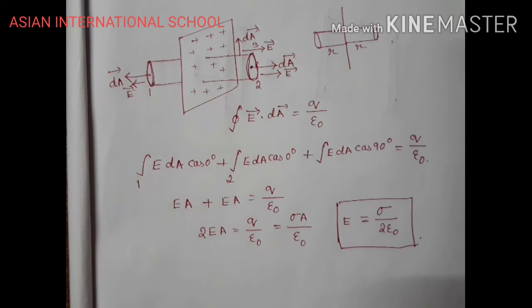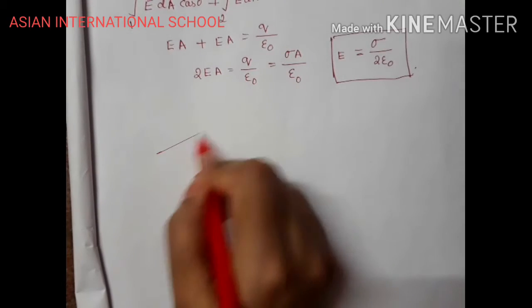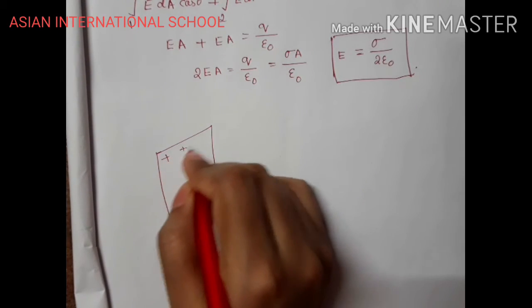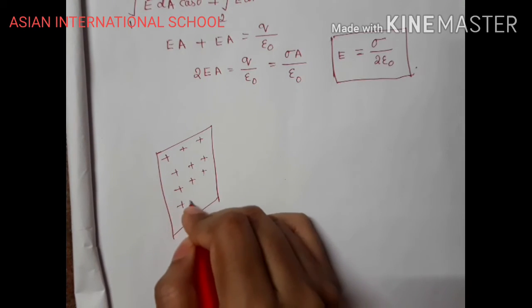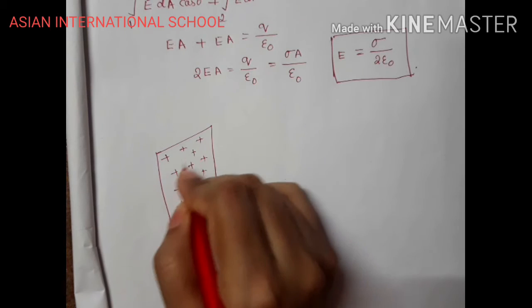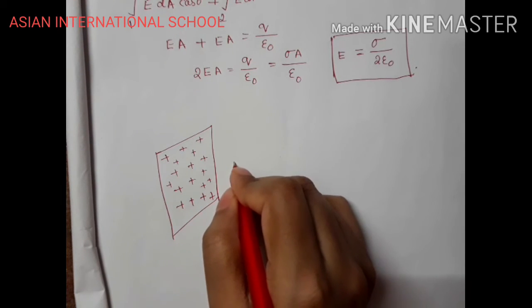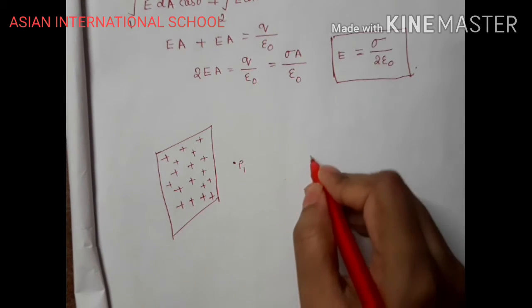So why is this constant? It's a way of understanding it. Suppose this is your sheet and the sheet is positively charged. You have to calculate the electric field at point P1.